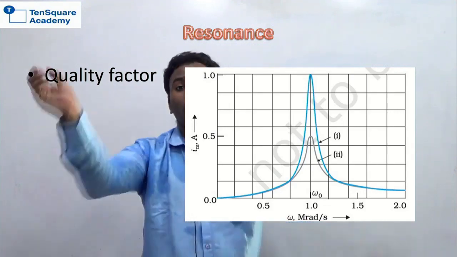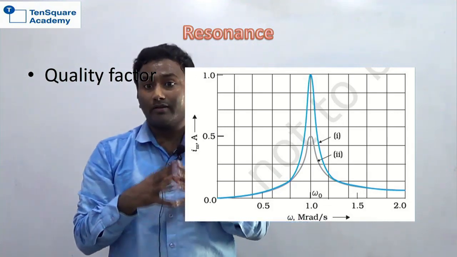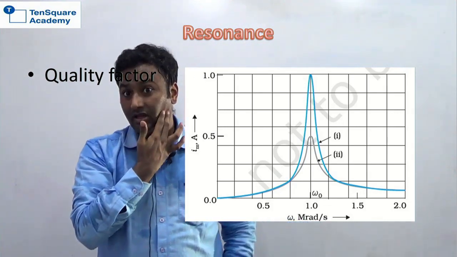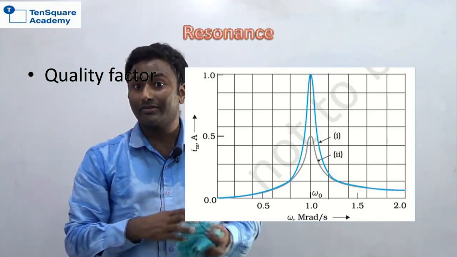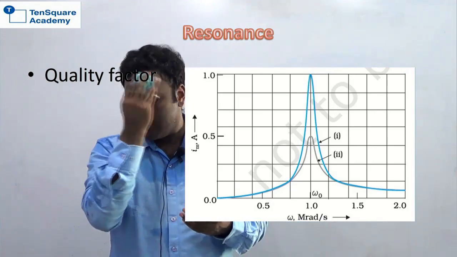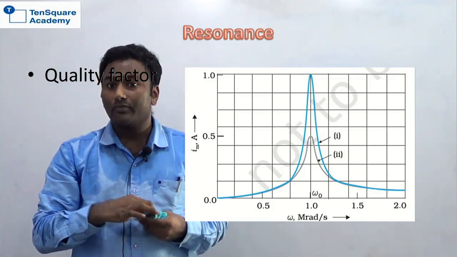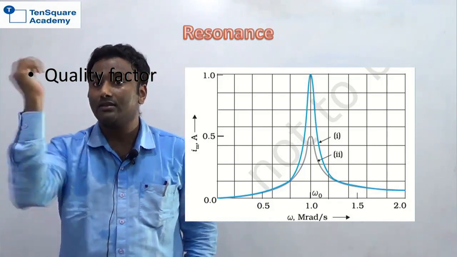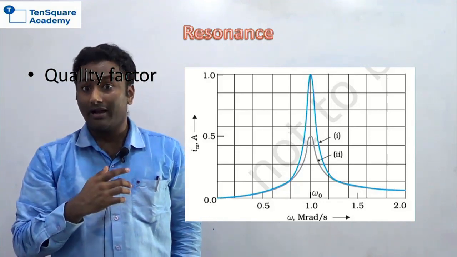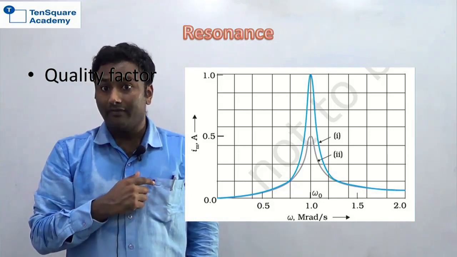This diagram is resonance. From this diagram they may ask a question, which circuit has better quality factor. In case they give you numerical values, and ask which circuit has a higher quality factor, what is the formula for quality factor?